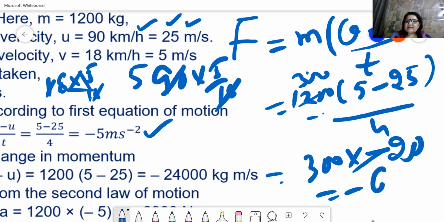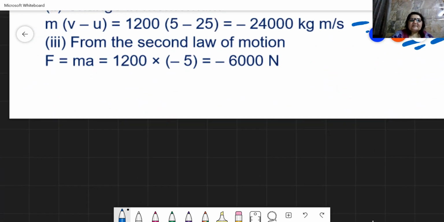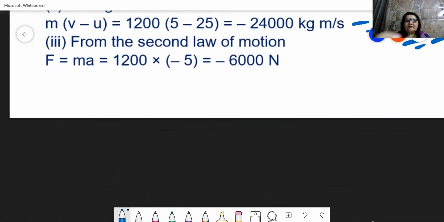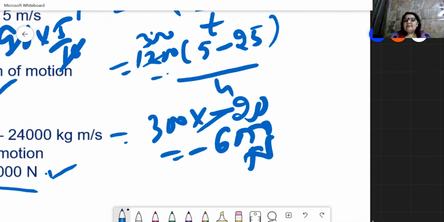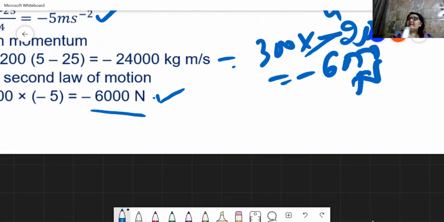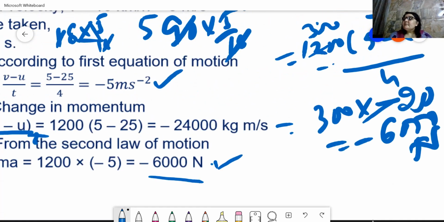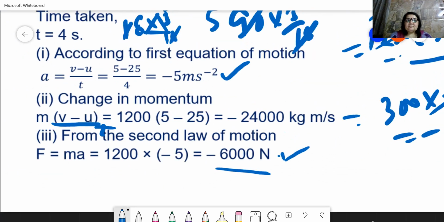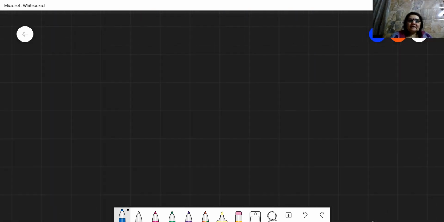It becomes minus 6000 Newton. By using the longer calculation, 1200 multiplied by minus 5 is also equal to minus 6000 Newton. So that's all in your exercise. We have completed it.